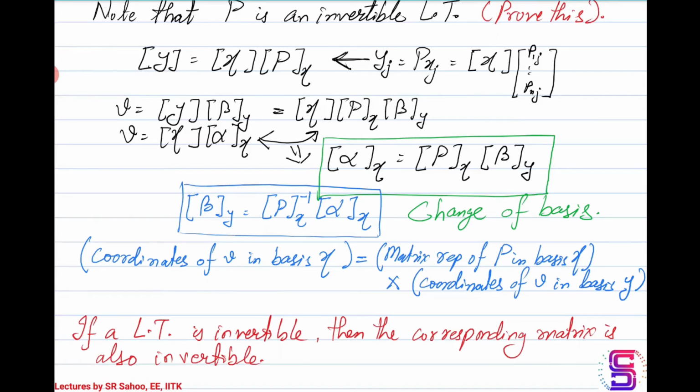Okay, interestingly, we had seen something like a product of linear transforms, right?